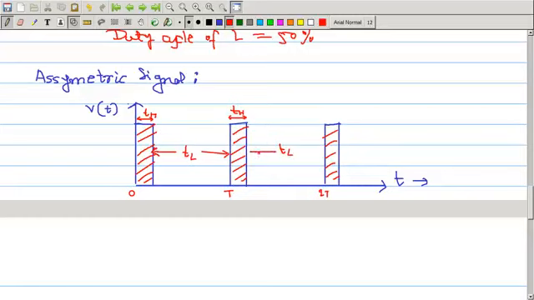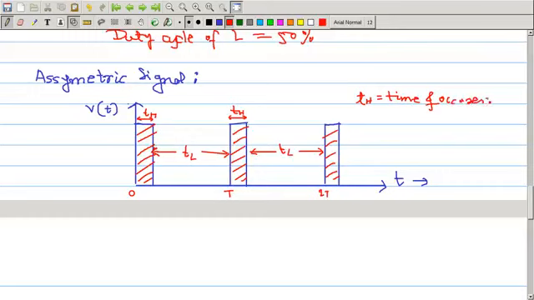You definitely find that here TH and TL are unequal. So what is my TH? TH is the time of occurrence of H. H means high.